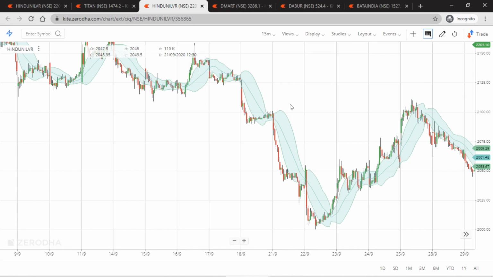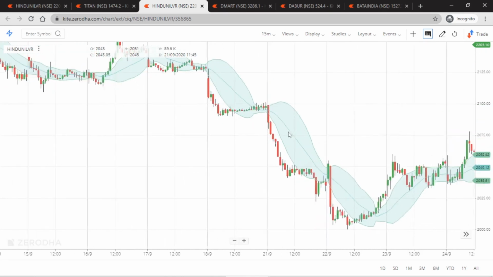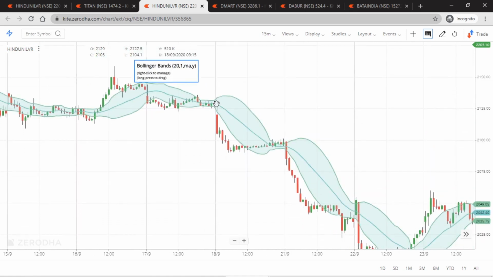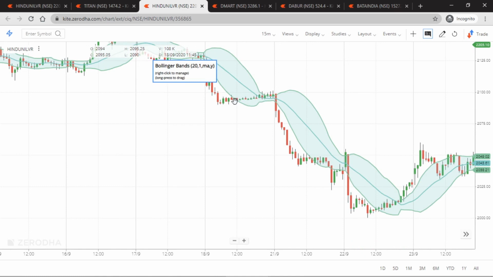Now let's understand the breakout and the reversal. You can see from here it was a downtrend. The bands were expanding and it was closing below the lower band, and here it made a squeeze.